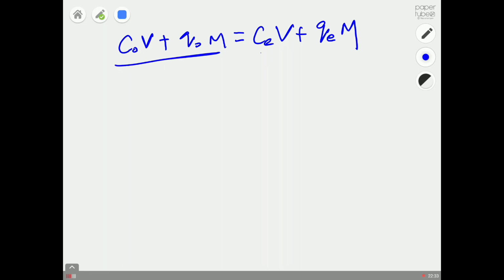This should balance each other, because whatever mass goes in should remain in the reactor. Mass is always conserved.